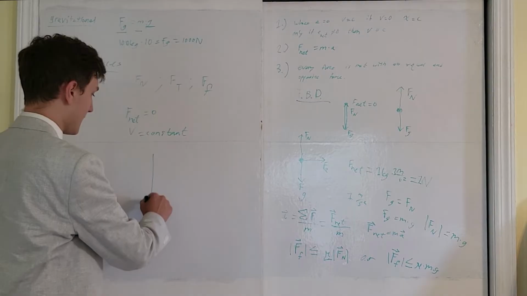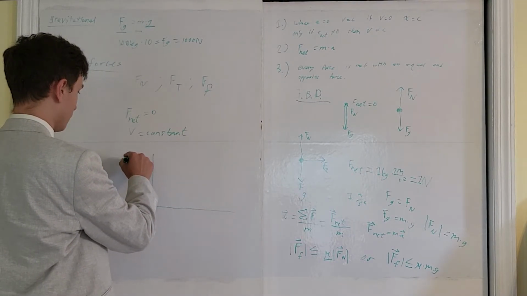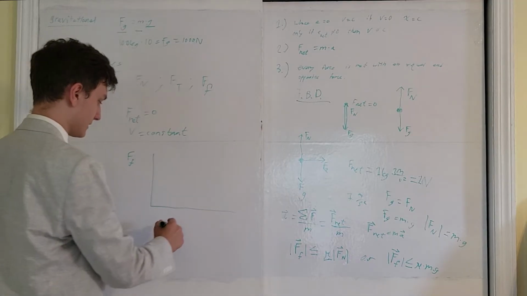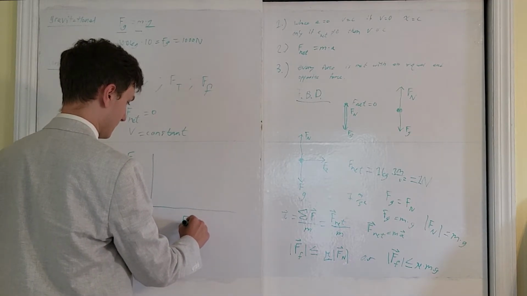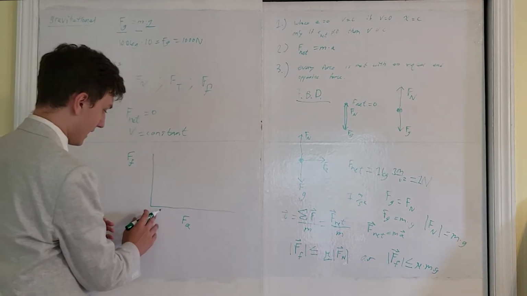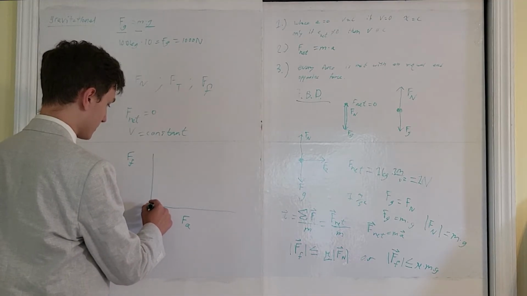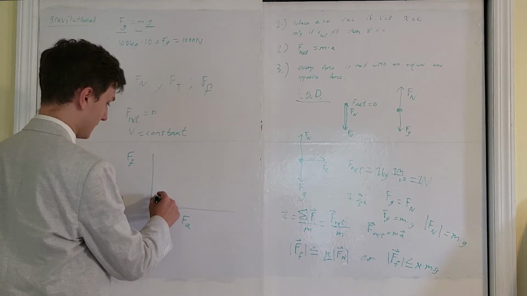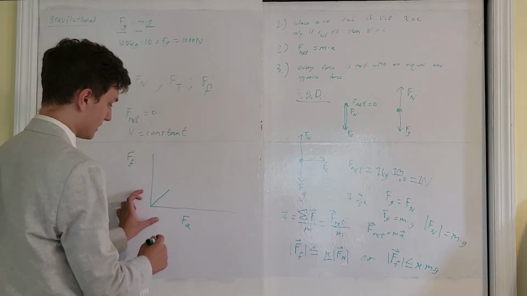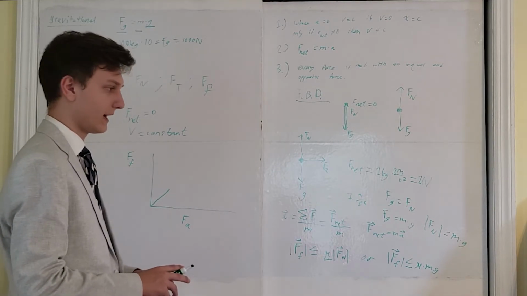if we were to graph the frictional force on the y-axis and the force applied by my hand on the x-axis, as the force applied by my hand increases, the frictional force applied by the box increases proportionally in order to oppose the force exerted by my hand.